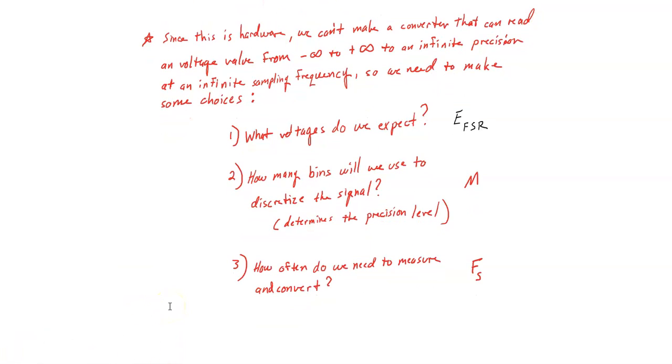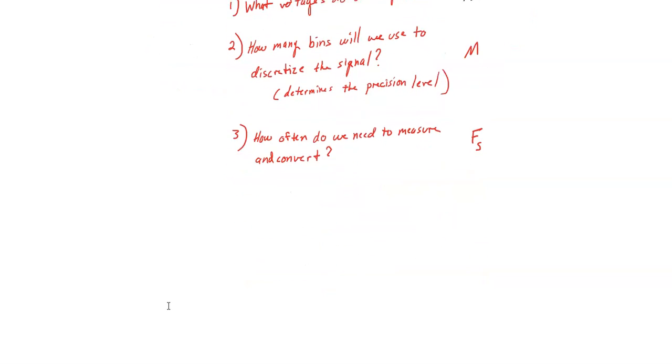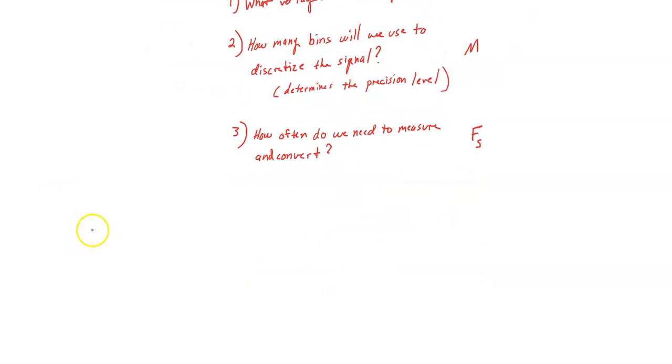So what do these values mean in practice? Well, I might have an analog to digital converter with a full-scale voltage range of, say, 0 to 5 volts.